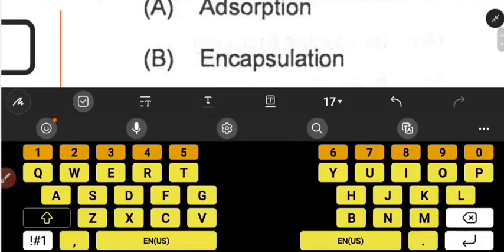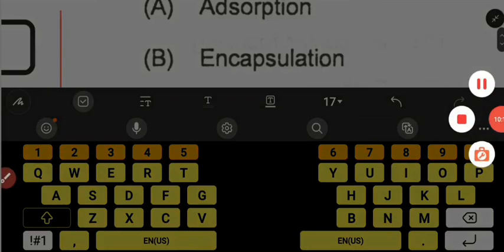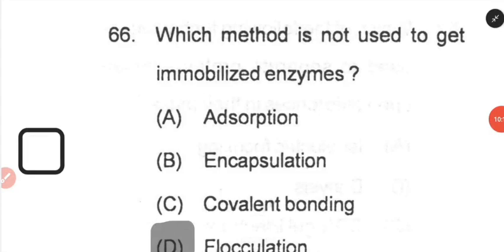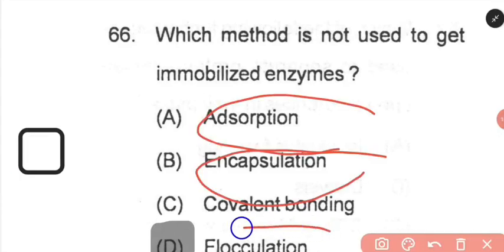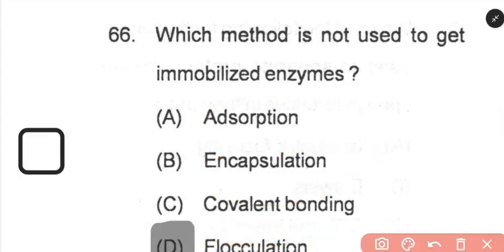But flocculation is not used in immobilized enzyme technology. Flocculation is rarely used, and it is used after the immobilized enzyme is developed, or when we try to get our product.